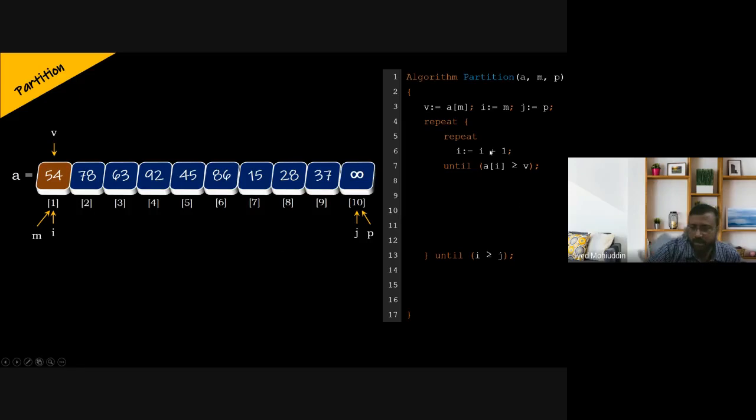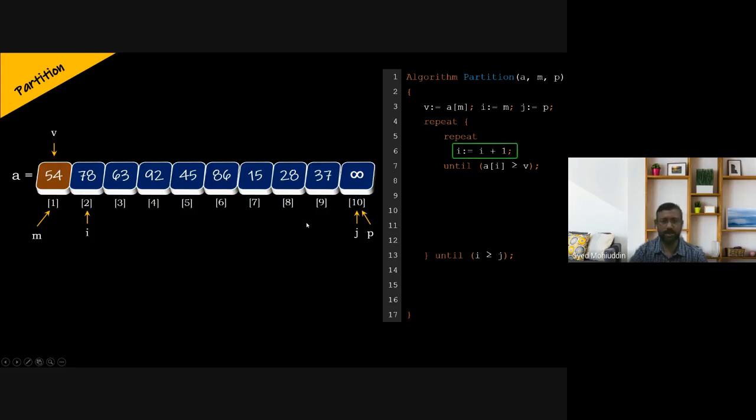Within this repeat until loop, we have another repeat until loop which will move I to I plus 1 until A of I is greater than V. Once the element at index I is greater than the pivot element, then I stops. Then we have to move j towards left.